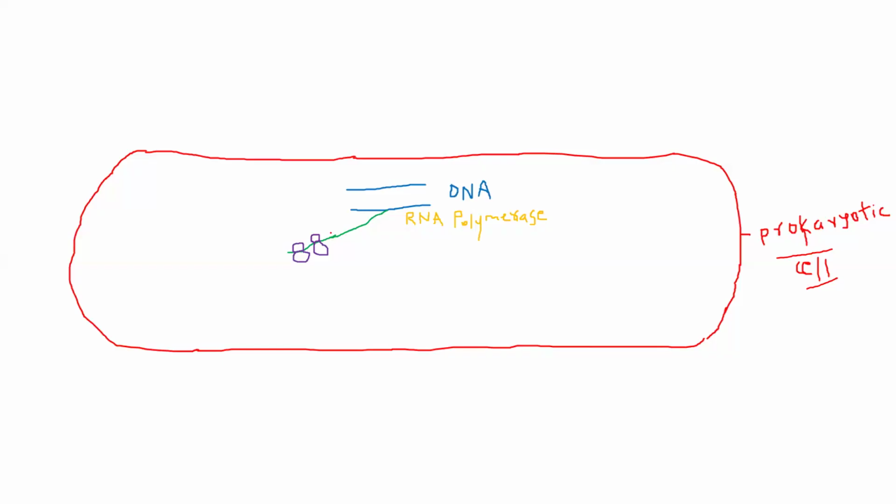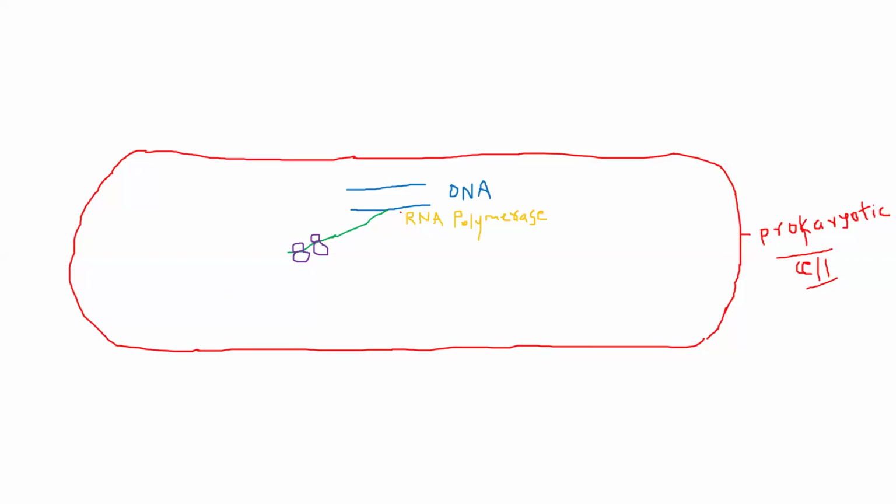Another thing is, we know our basics that prokaryotes don't have a true nucleus. The DNA of bacteria is present in the central region called the nucleoid, but prokaryotes don't have a true nucleus, which means when this mRNA is being transcribed, it is in contact with the cytoplasmic region. And these purple things are the ribosomes. These ribosomes have begun the translation before the mRNA is completely transcribed.